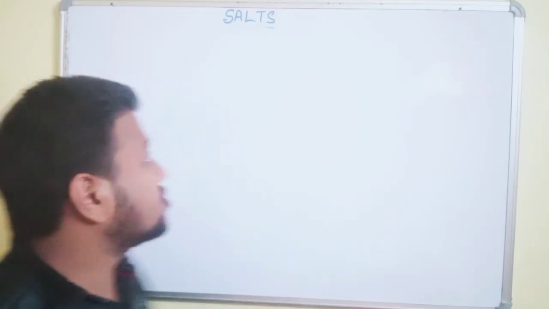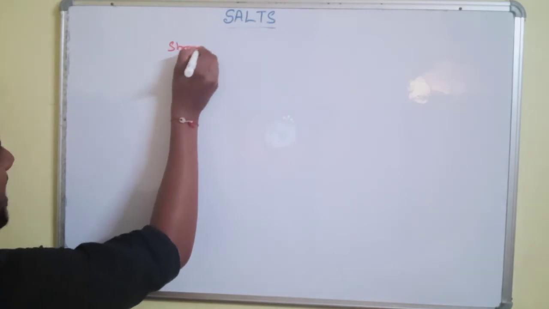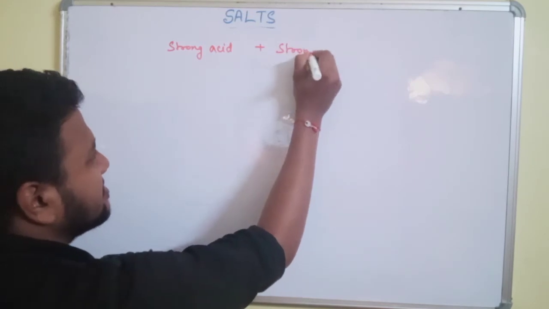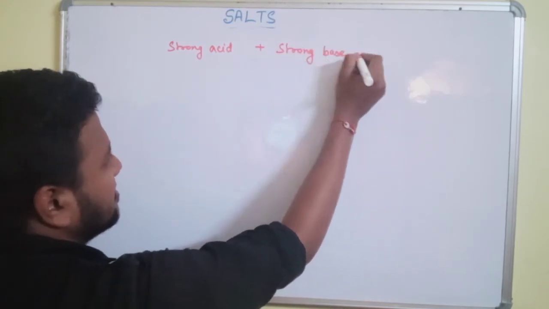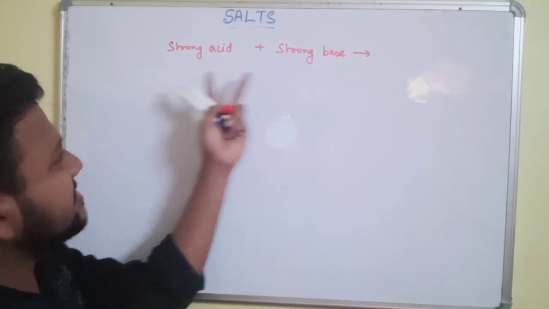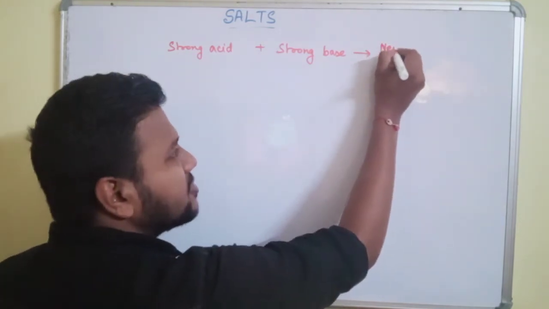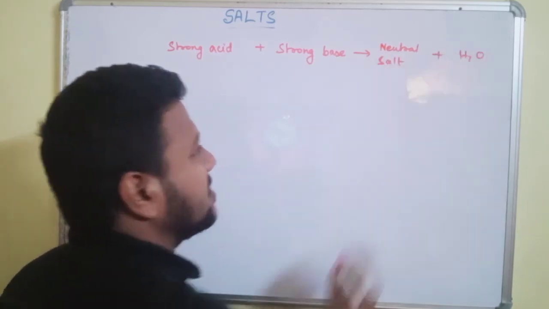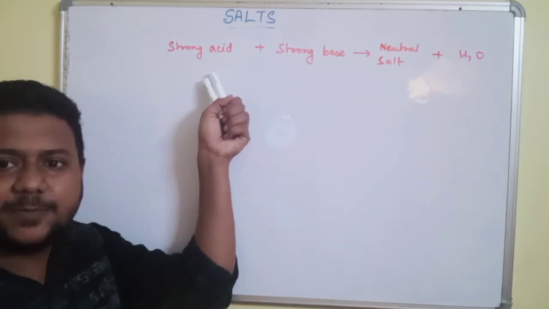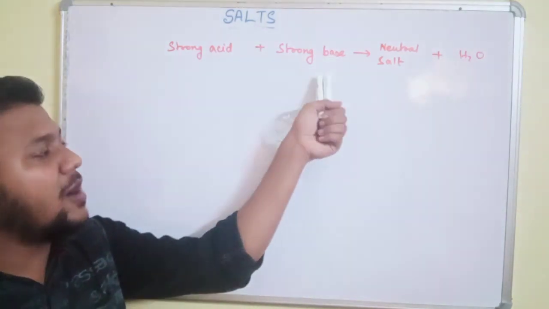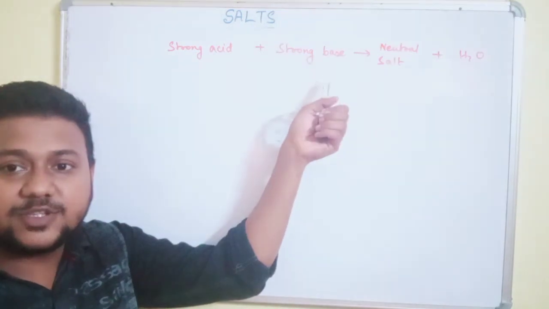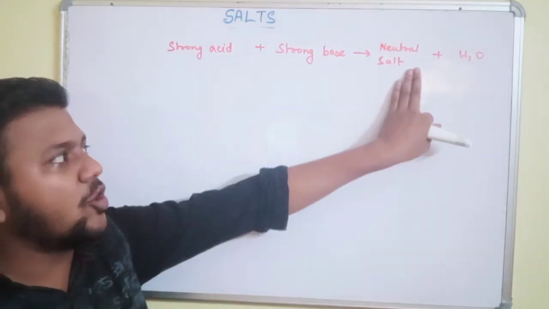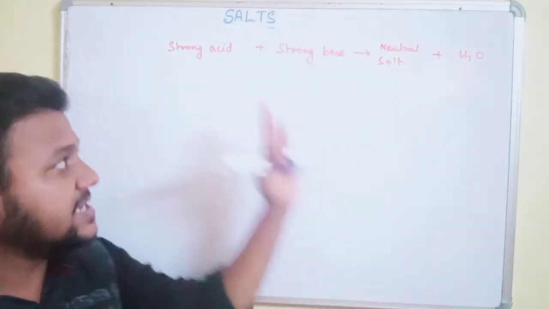Now when a strong acid reacts with a strong base, they will lead to the formation of a neutral salt, with the liberation of water. The amount of H+ ions liberated by the strong acid and the amount of OH- ions liberated by the strong base neutralize the acidity and basicity to form the neutral salt.